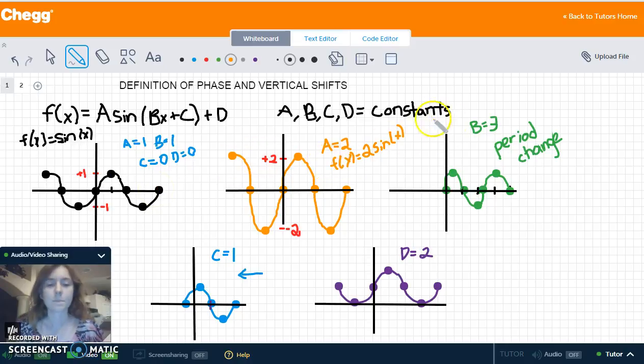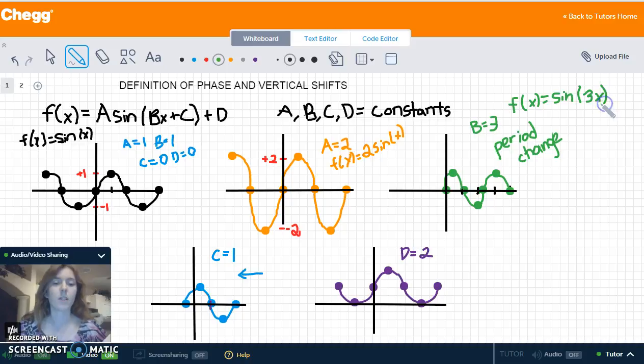Now going on, I changed my b component and made it equal to 3. So now my equation looks like this: f of x is equal to sine of 3x.